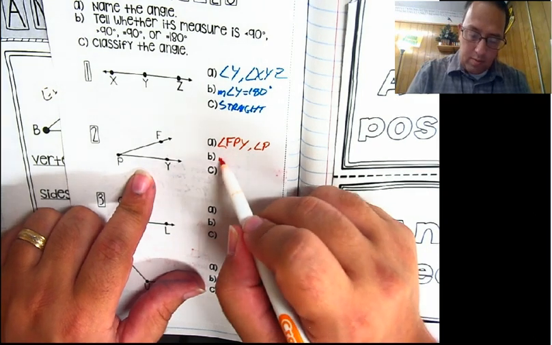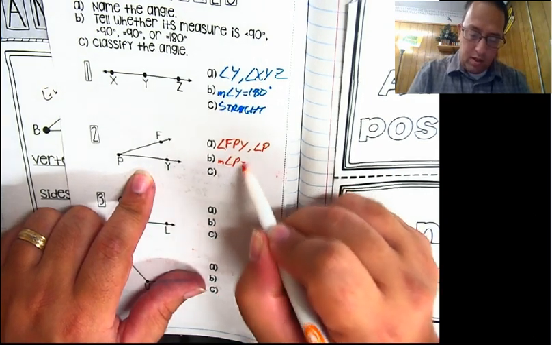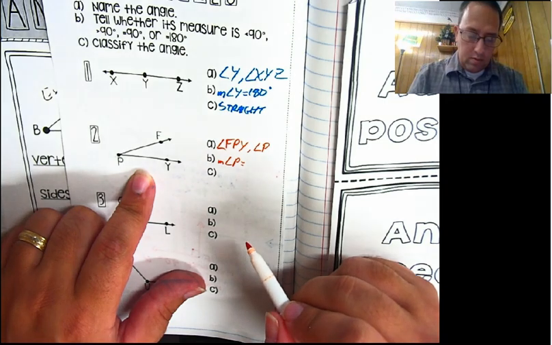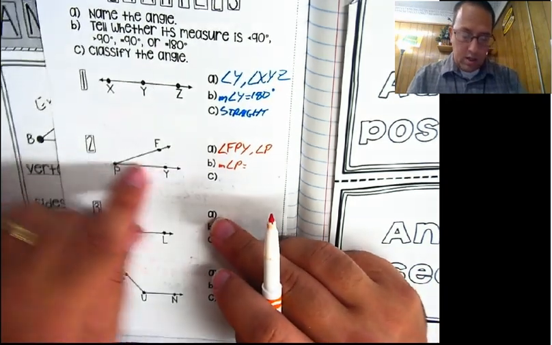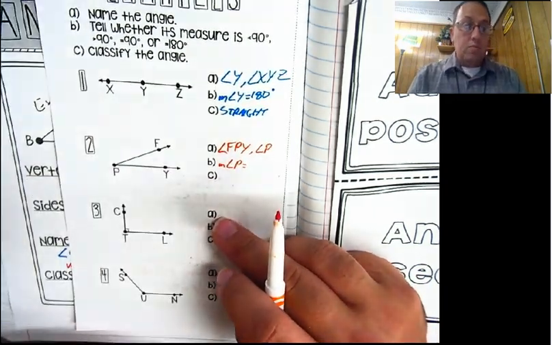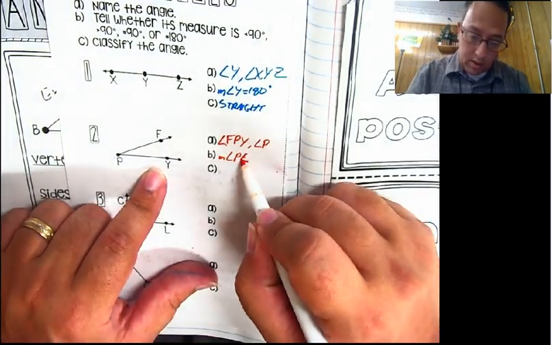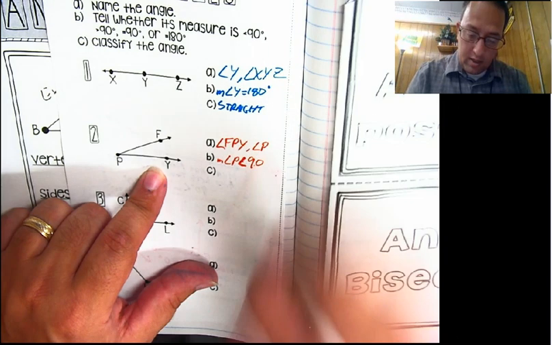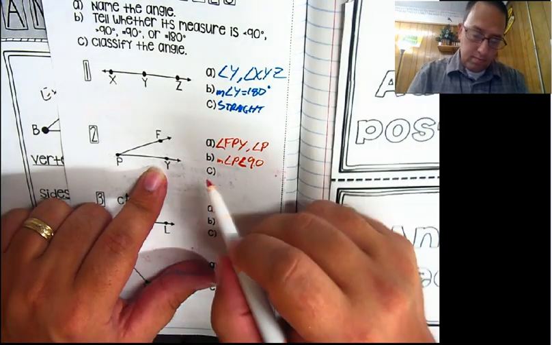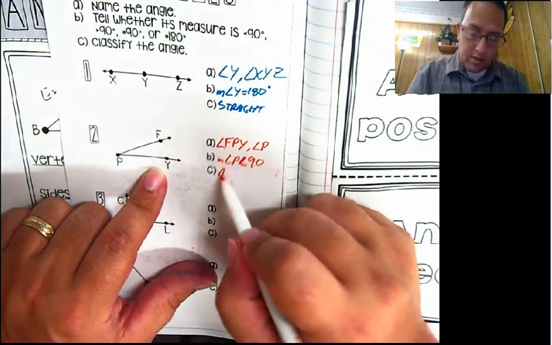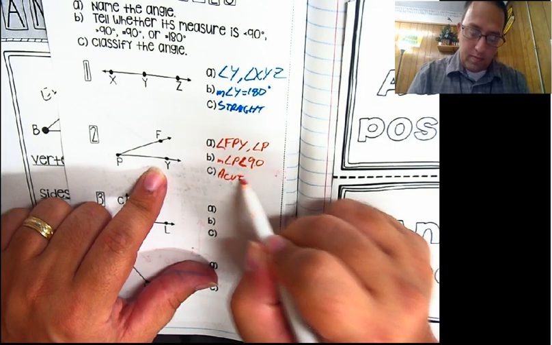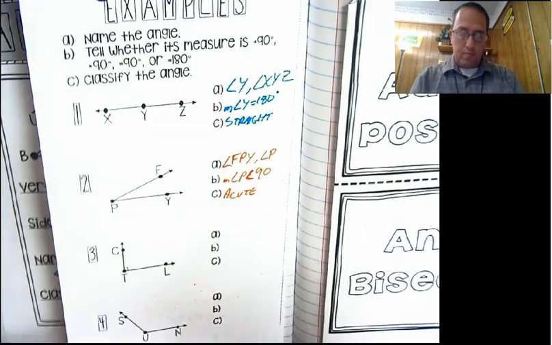And so the measure of angle P is, I don't know exactly what it is, but it is clearly smaller than a right angle, so we are going to say that this is less than 90 degrees. And since it's less than 90 degrees, that makes it an acute angle.